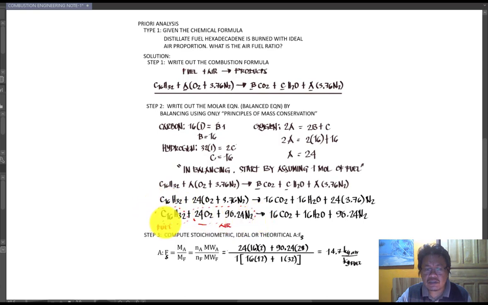Now for the required stoichiometric air-fuel ratio, we have the mass of air and mass of fuel, which is equal to the moles of air multiplied by molecular weight of air, divided by the moles of fuel and molecular weight of fuel. So we substitute the values. So take note, palagi pag liquid fuel, yung moles of fuel natin, we will always be assuming 1 mole lang palagi. Okay?